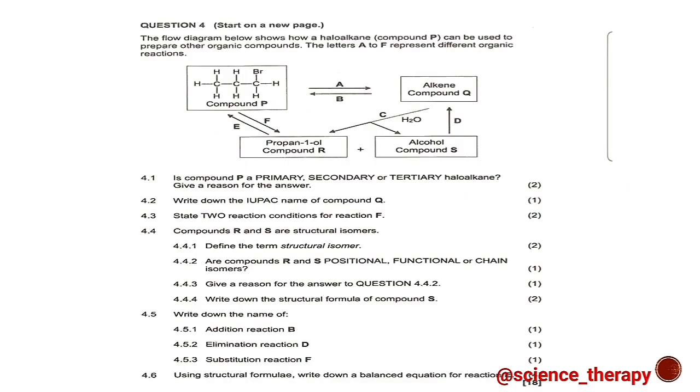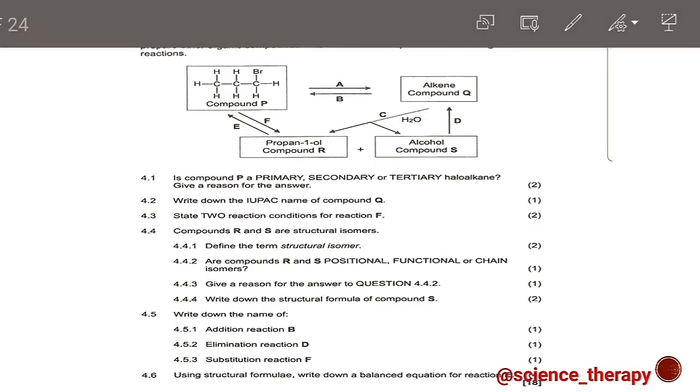4.3 says state 2 reaction conditions for reaction F. Now we can see that reaction F is moving all the way from the haloalkane to form an alcohol. Now we know this is a substitution reaction because we are moving from a saturated compound to form another saturated compound.